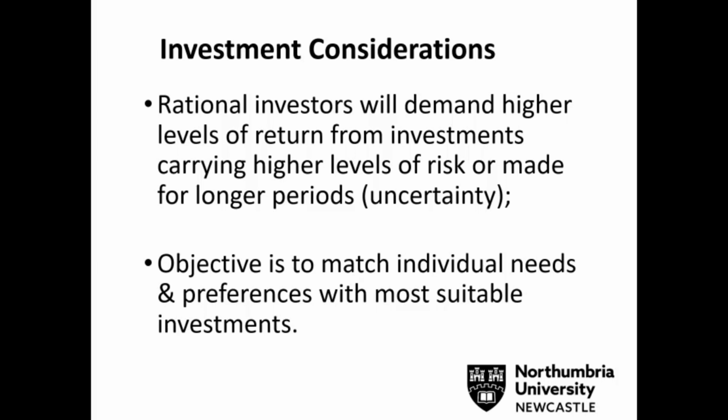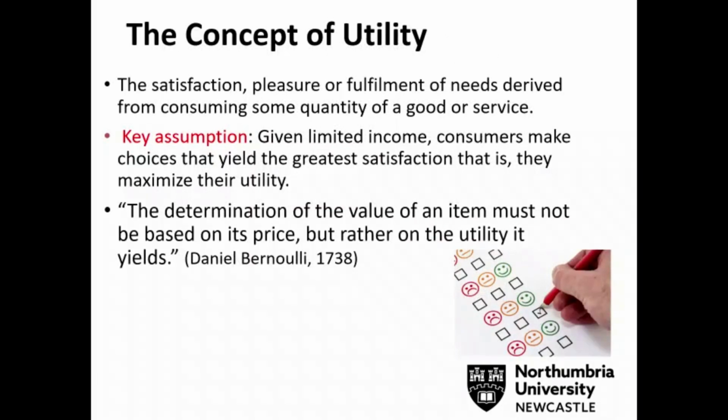But to be a rational investor, you really need to try and match your risk appetite with the product you want to invest in and try and get as much information as possible to be well informed. Ultimately, you want to make sure that whatever you're investing in, you're doing it because it matches your risk appetite and your objectives.